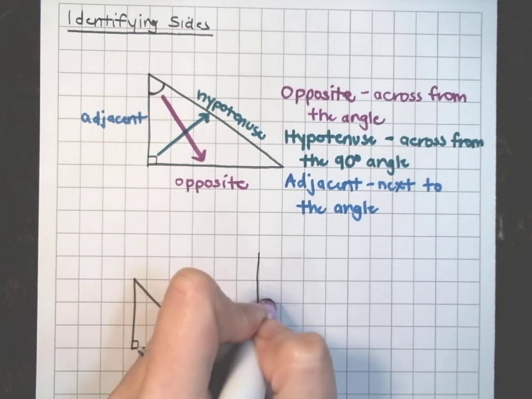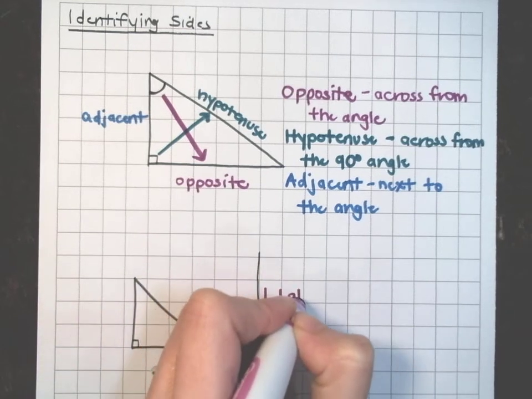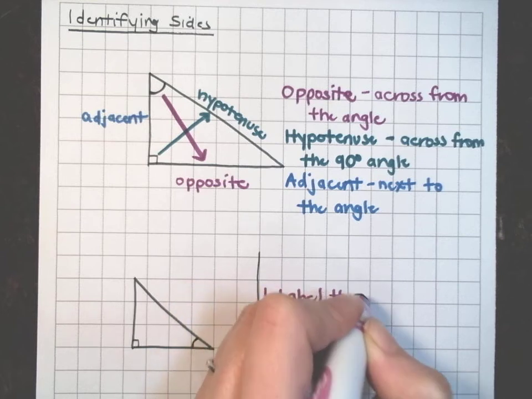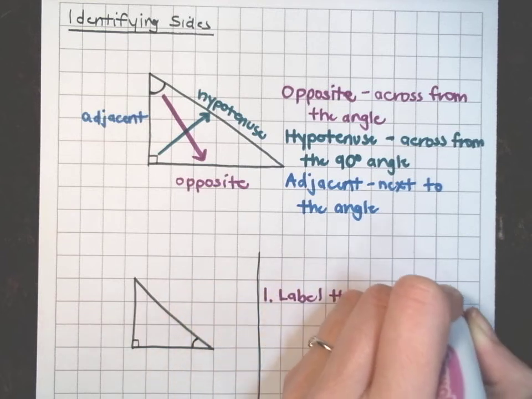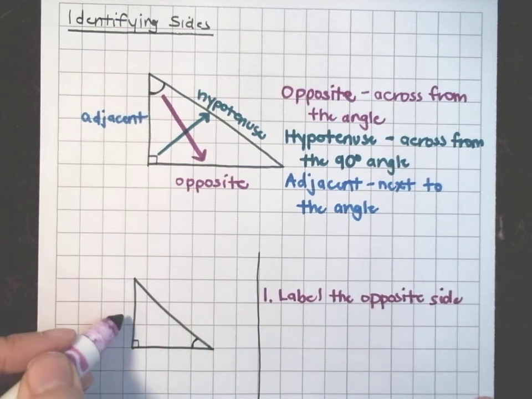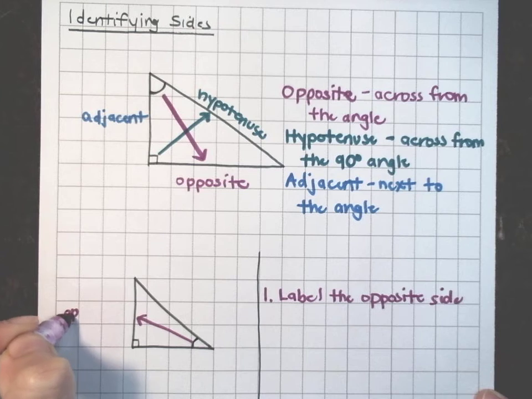So the first step is you're going to want to label the opposite side. So the side that's opposite, across from your angle, would be this side. This is the opposite.